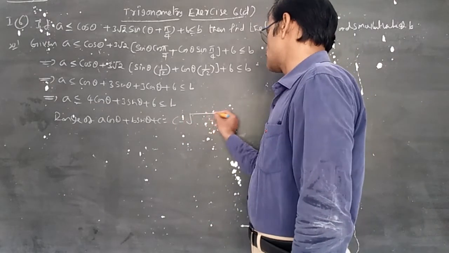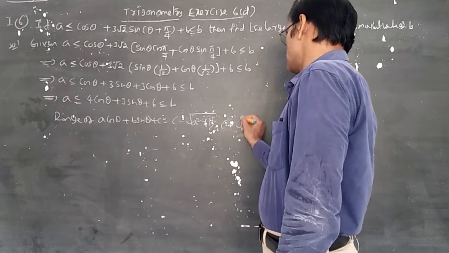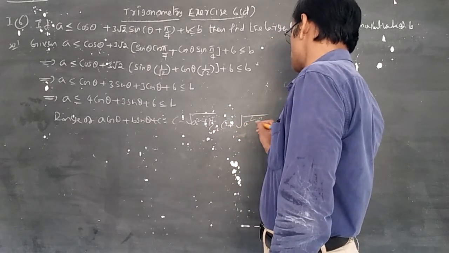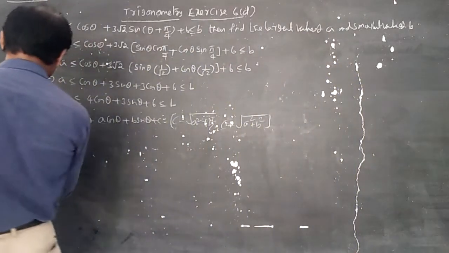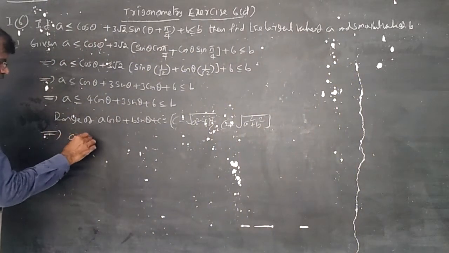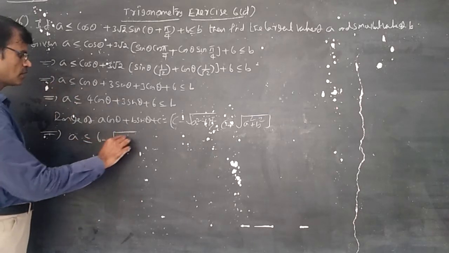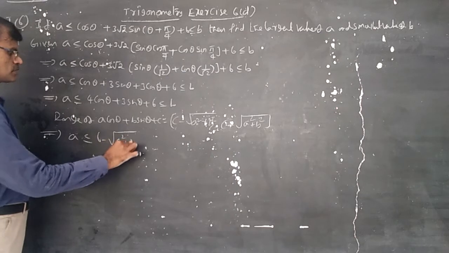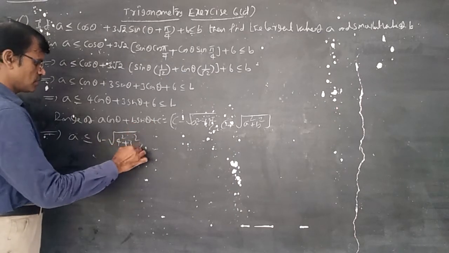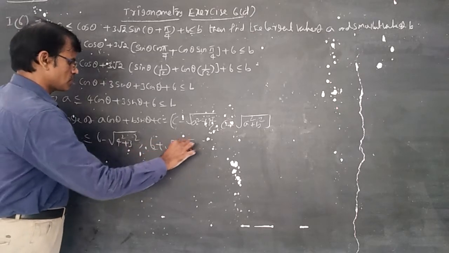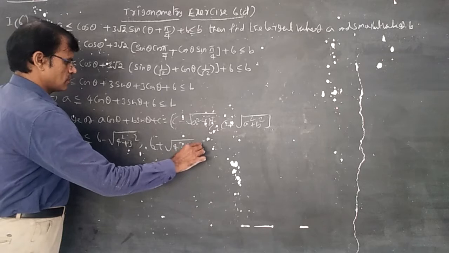So right here, a is less than or equal to c, meaning 6 minus root of 4 square plus 3 square, comma 6 plus root of 4 square plus 3 square, less than or equal to b.